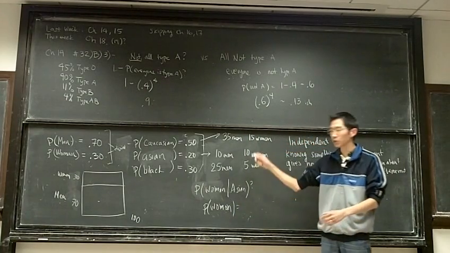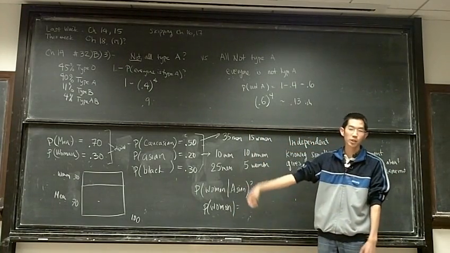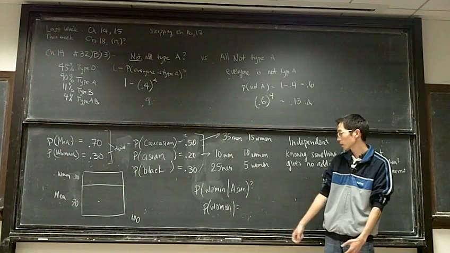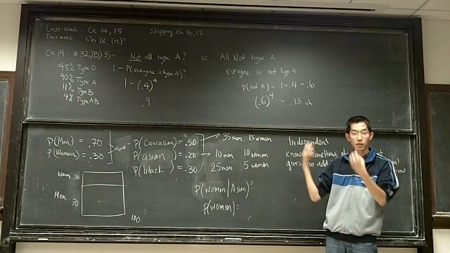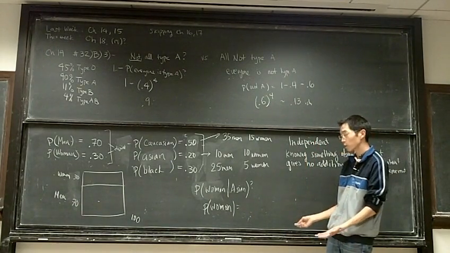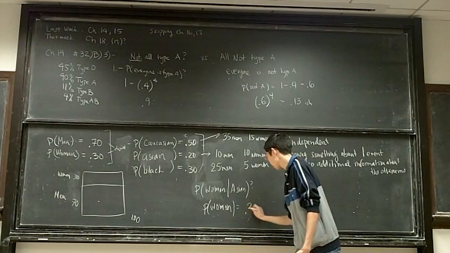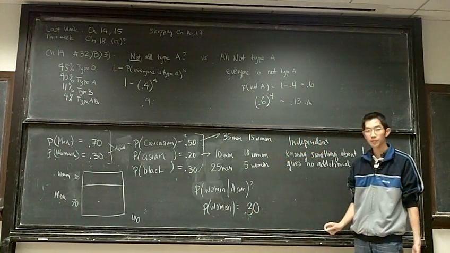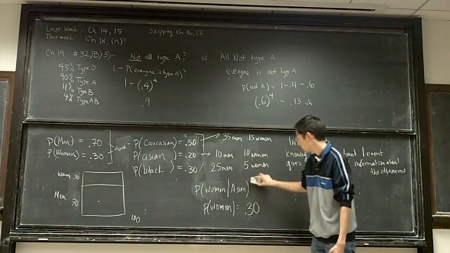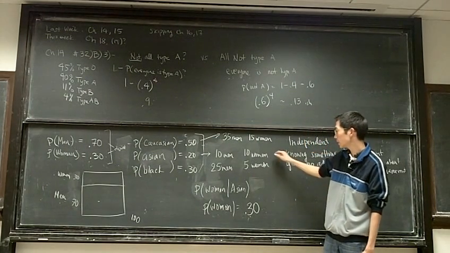So again, if we just randomly pick one of the 100 students, the probability of that randomly selected student being a woman is 30%, 0.3.